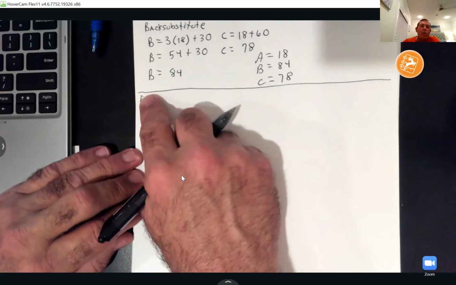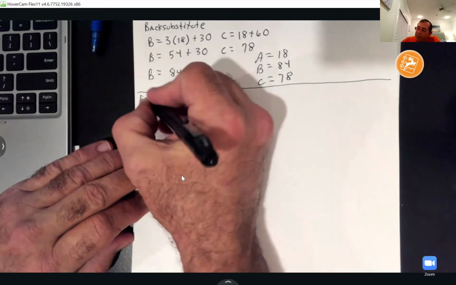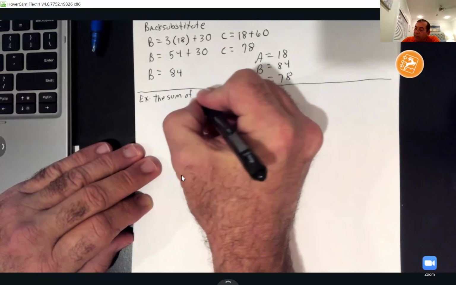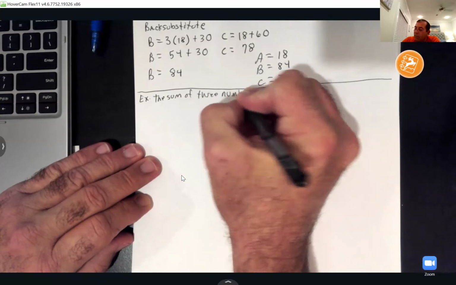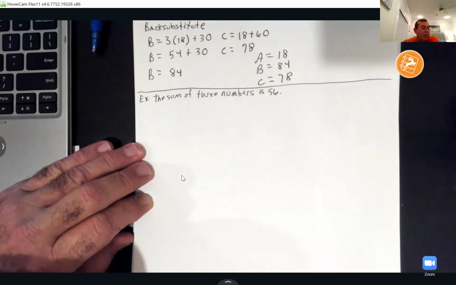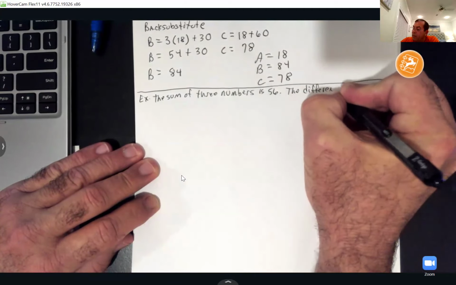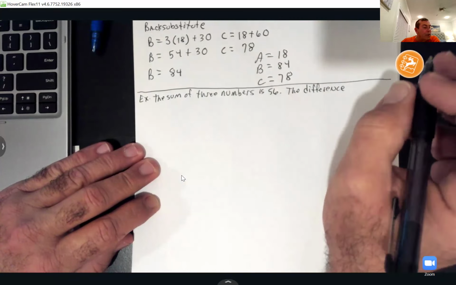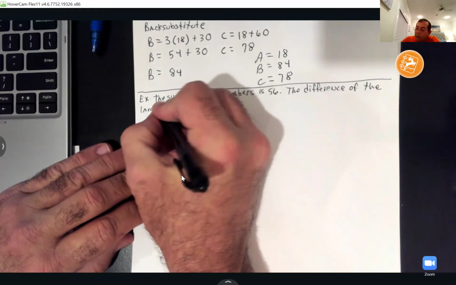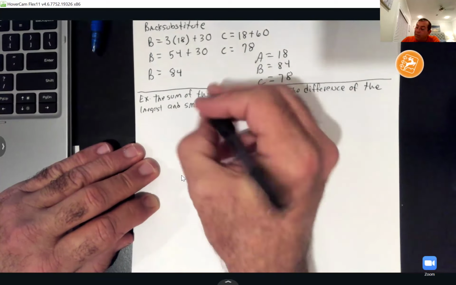So this one will be like number 4. That was like your number 3. This is number 4. Now, this one says the sum of 3 numbers is 56. So there's my first sentence. Then they say the difference of the largest and smallest is 51.